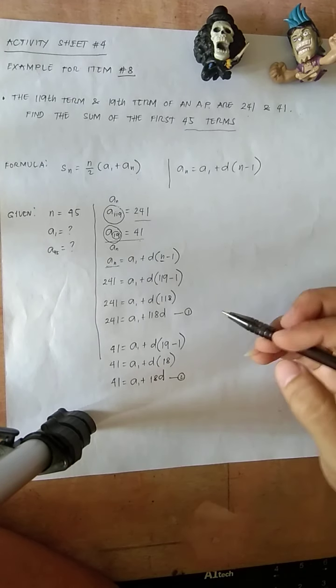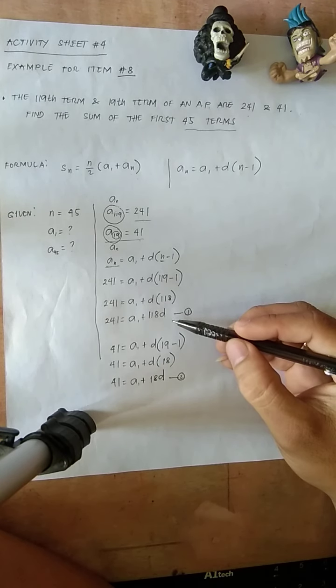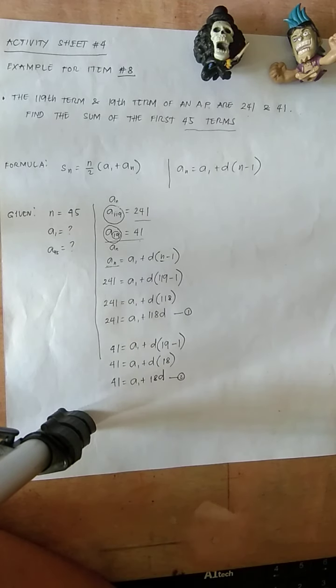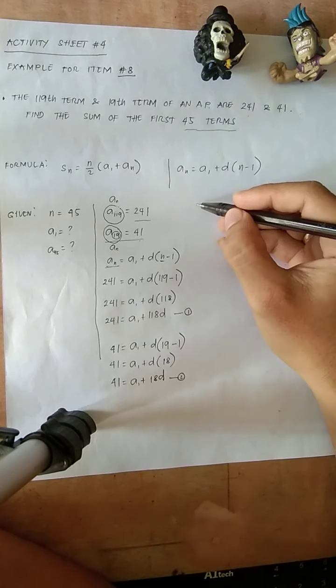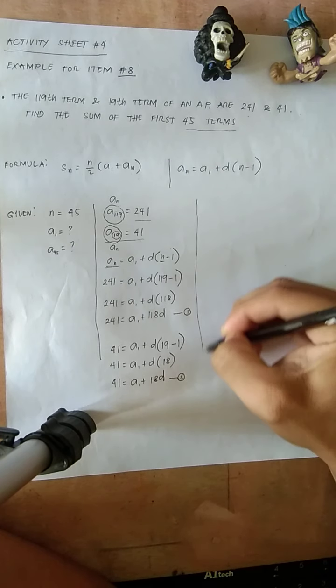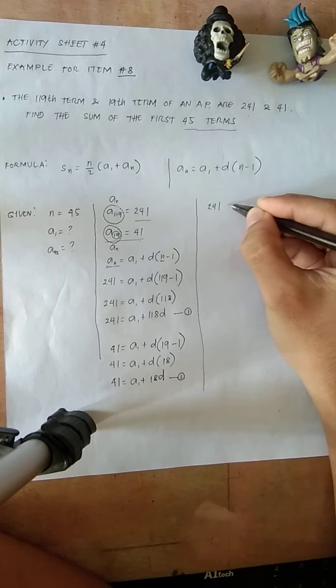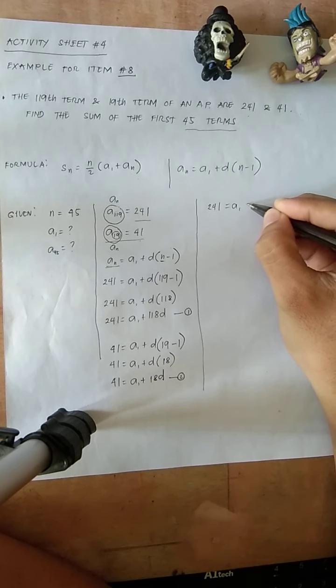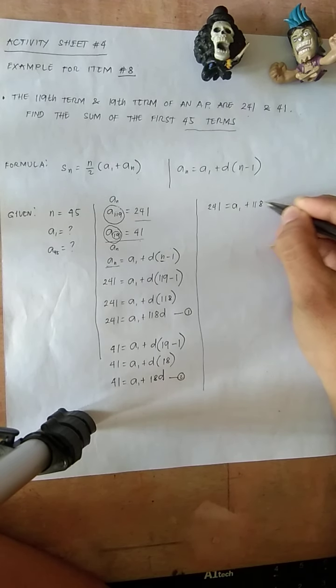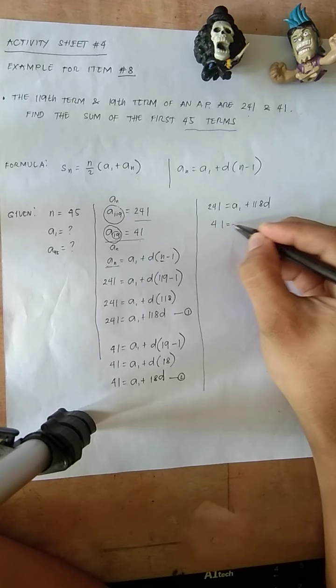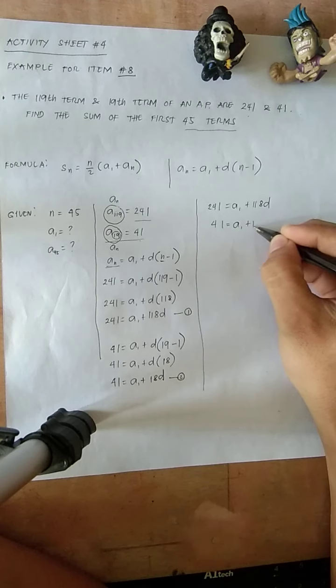We can make use of these two equations to find the values of a sub 1 and then d. So if you're going to write the two equations, we have 241 equals a sub 1 plus 118d, and the other equation is 41 equals a sub 1 plus 18d.